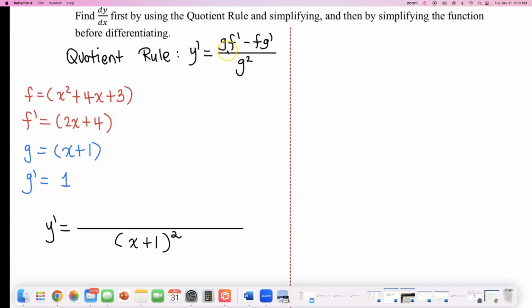Start with g. G is x plus 1. So this is going to be written down first: g times f prime, and f prime is this right there. So I'll multiply that x plus 1 by this.